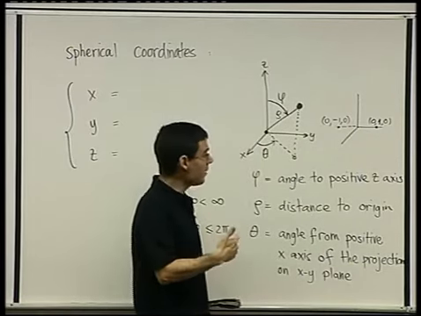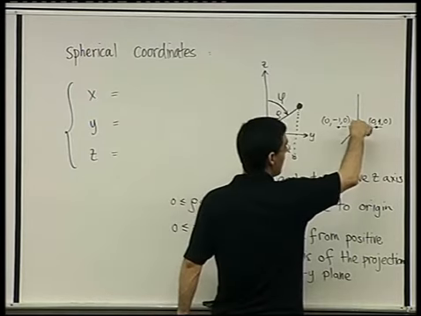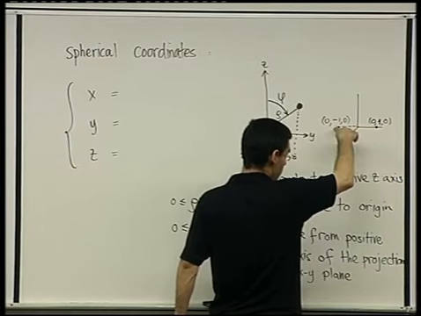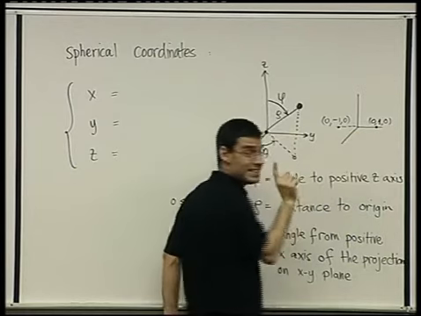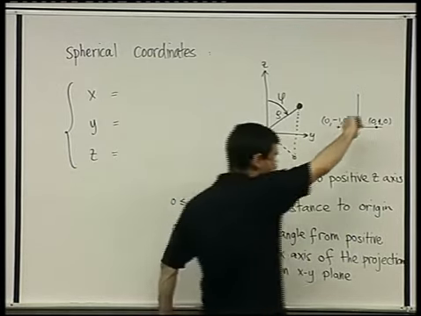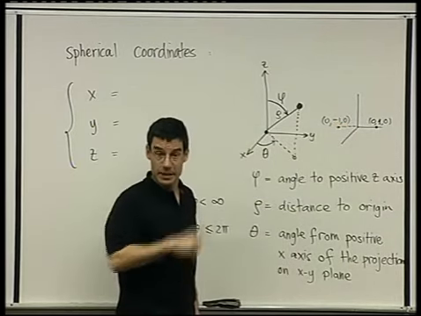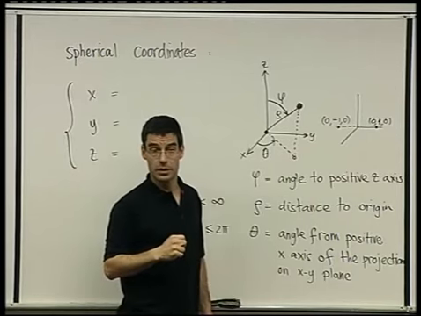But another way of writing the exact same point is rho equals 1, theta equals 90 degrees, and phi equals 270 degrees. Do you see that? That would give the same point. We don't want two ways to write the same point.